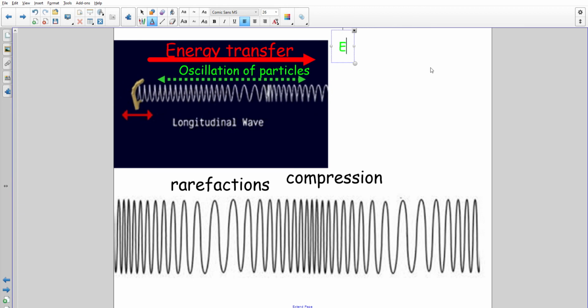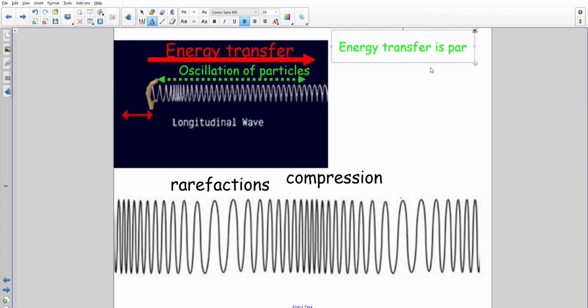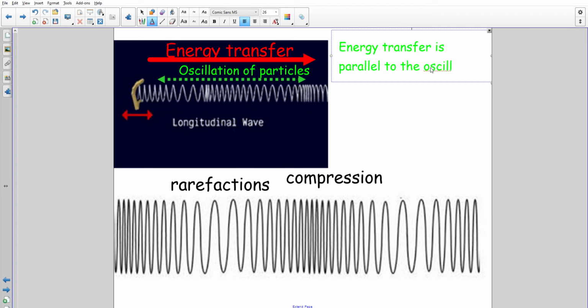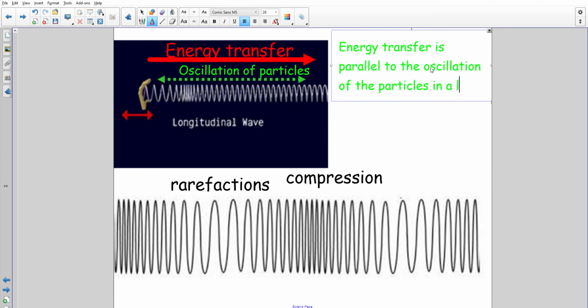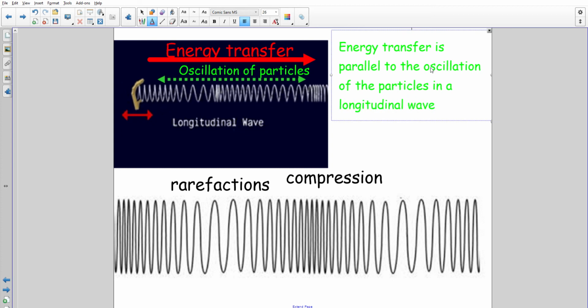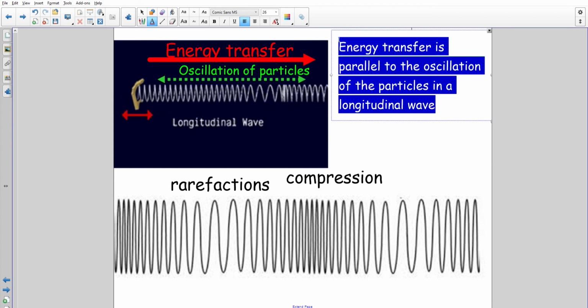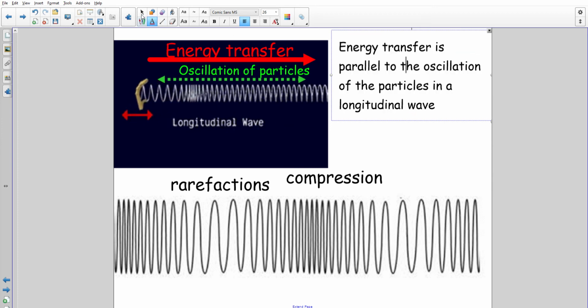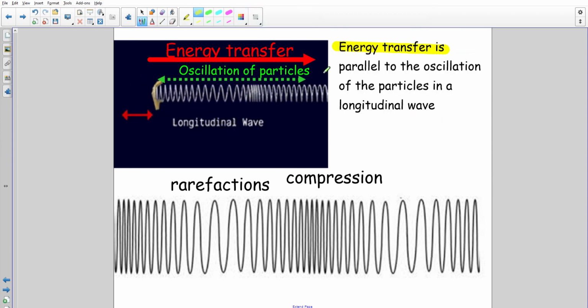So we'd say energy transfer is parallel to the oscillation of the particles in a longitudinal wave. Okay, so in a longitudinal wave, energy transfer is parallel to the oscillation of the particles. And again, that is your key bit of information that you need to take out of this.